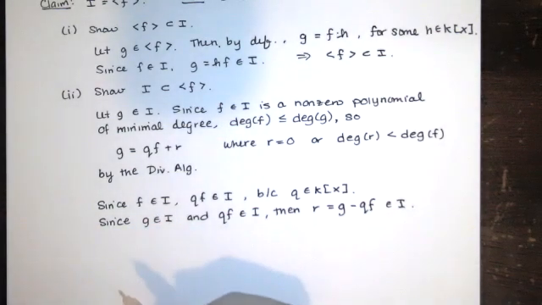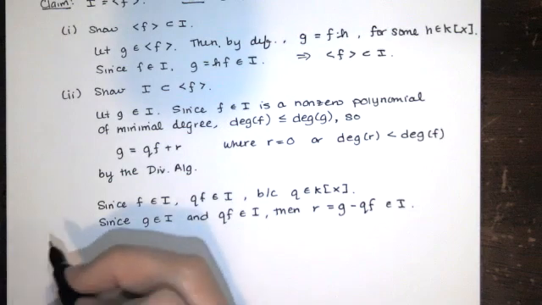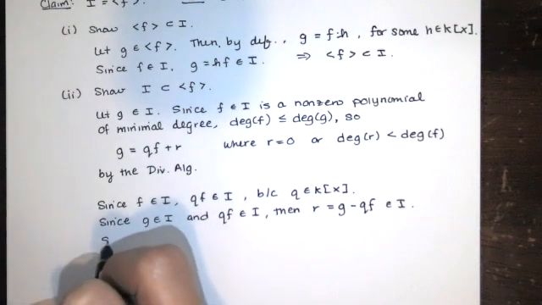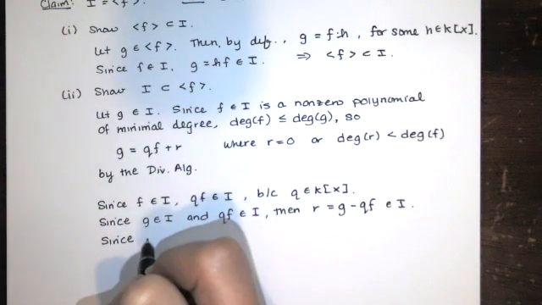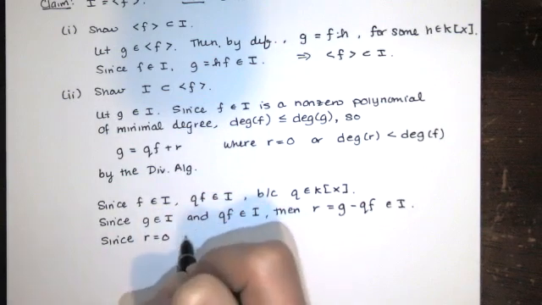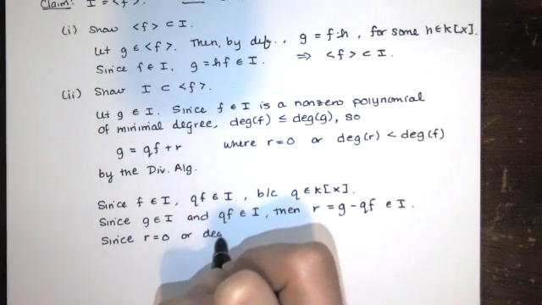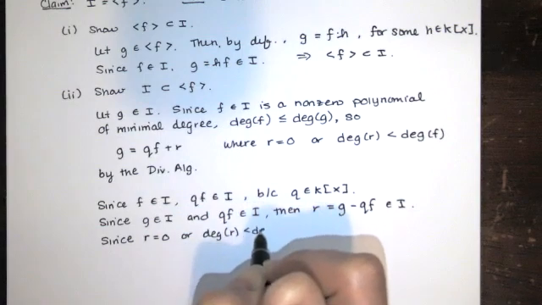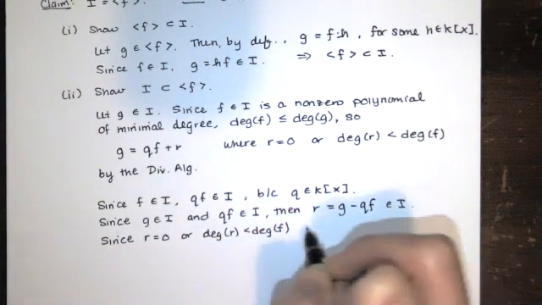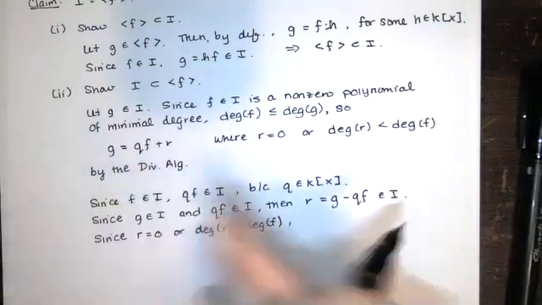So let's actually write all of that down. So we have this, since r is equal to 0, or the degree of r must be less than the degree of f. And the second part is not true.